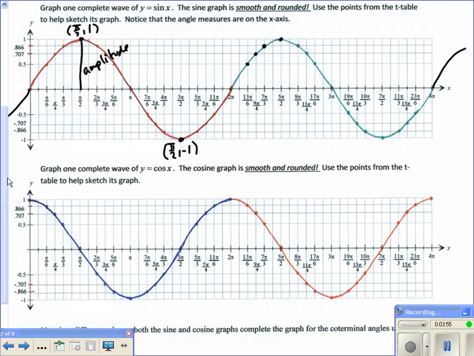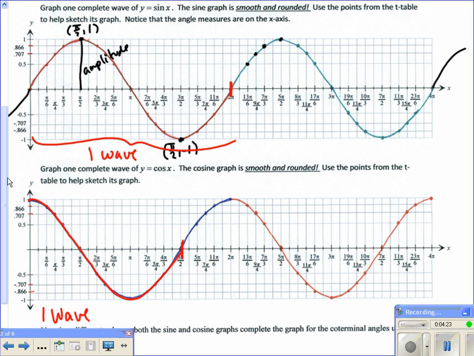From here to here is where our graph is going to start repeating itself. Over here for sine, our graph stopped right here. So from here all the way to here, this is one wave.